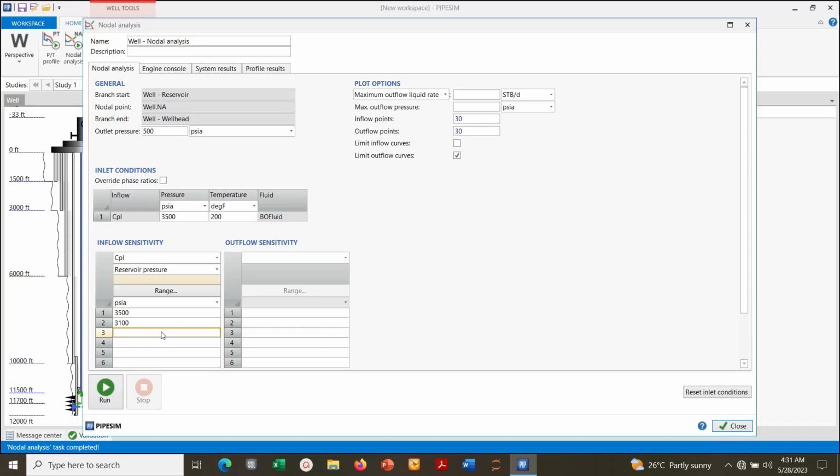At 3,000 psi, so let's see: 3,400, 3,300, 3,200, 3,100, and 3,000, and then we run.